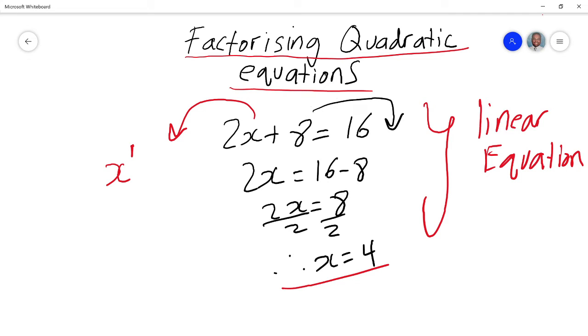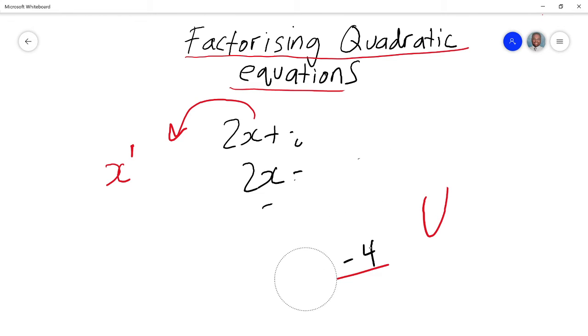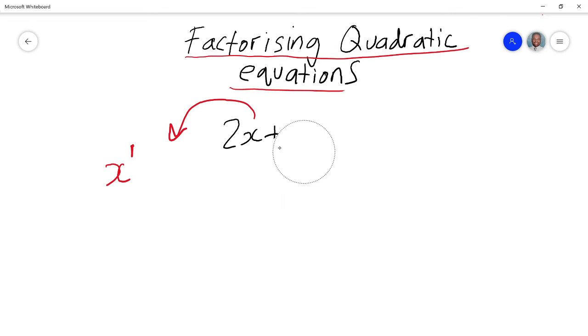Now, what happens in a quadratic equation? In a quadratic equation, just remember you are solving for two values of x. Let me give you a simple example.